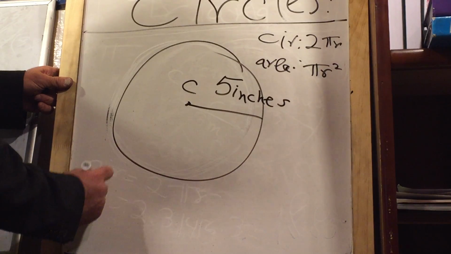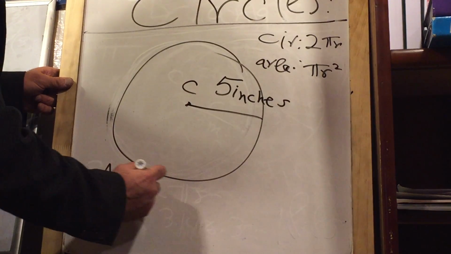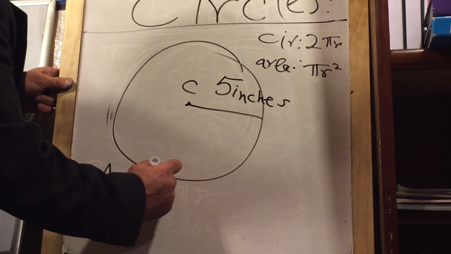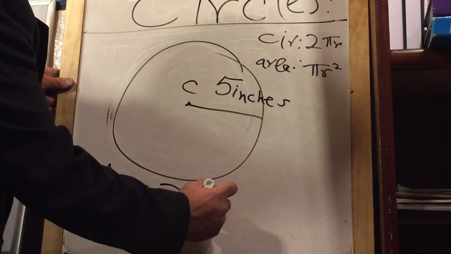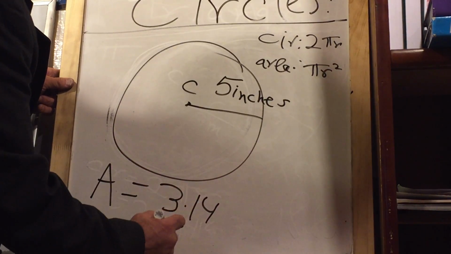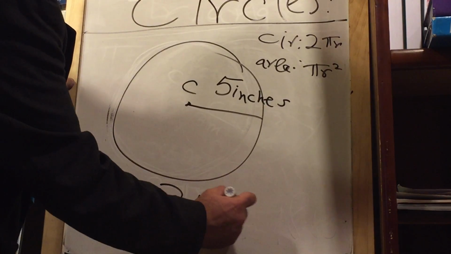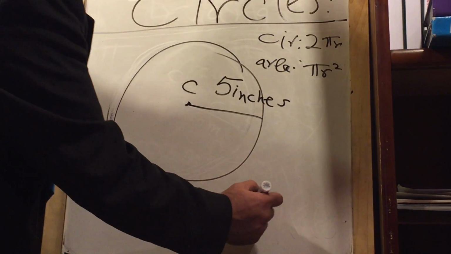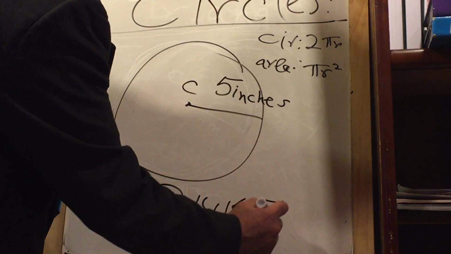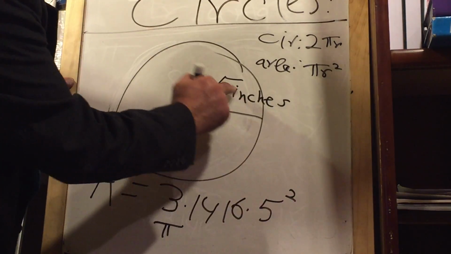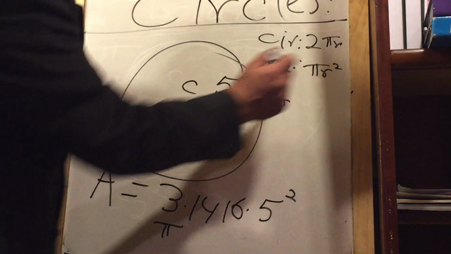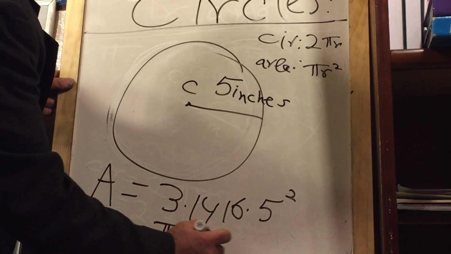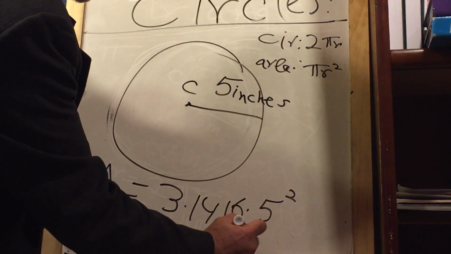Just plug it in. Area of this circle is pi, 3.1416, times r squared, 5 squared, right?